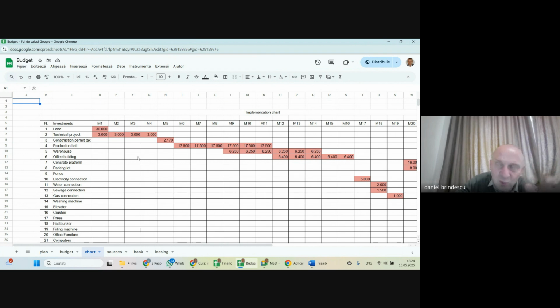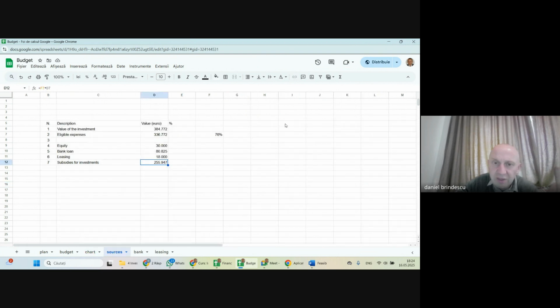For several reasons, we've discussed them a few weeks ago. My point is that at the beginning, when I signed the contract, I'm registering my subsidy into my accounting. On one hand, I'm registering the subsidy for investments in the account, maybe I can write it down here, the account 475, subsidies for investments, but the subsidy is not collected yet as cash.